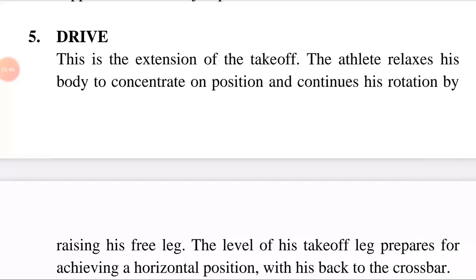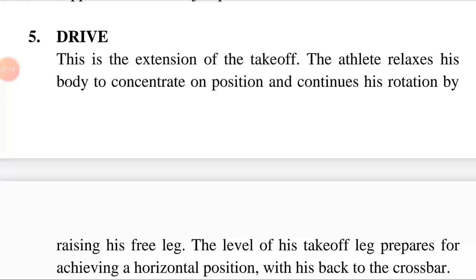Drive means the athlete will then drive their shoulders to the back of their feet, arching their body over the bar. The athlete can look over their right shoulder, then judge appropriately when to kick both feet over their head, causing their body to miss the bar and land on the mat.